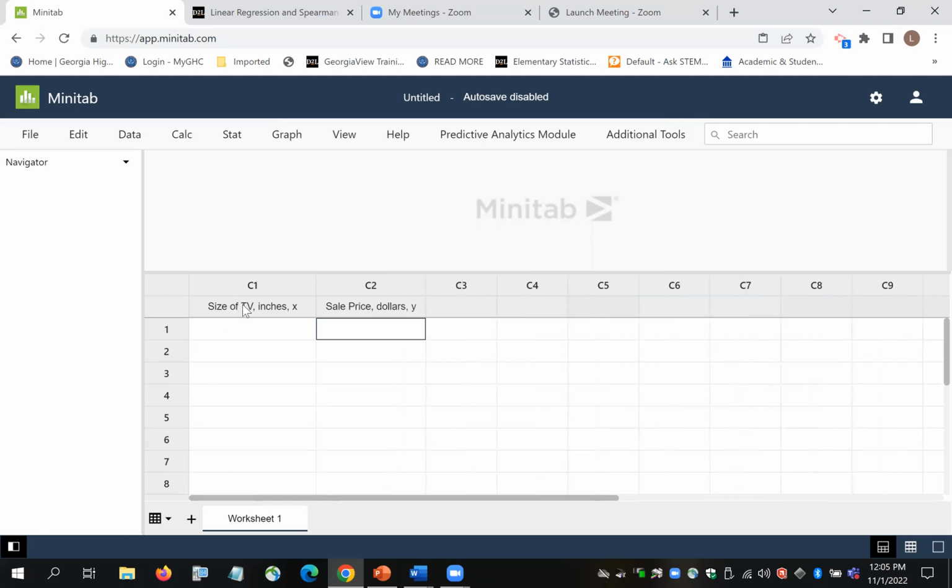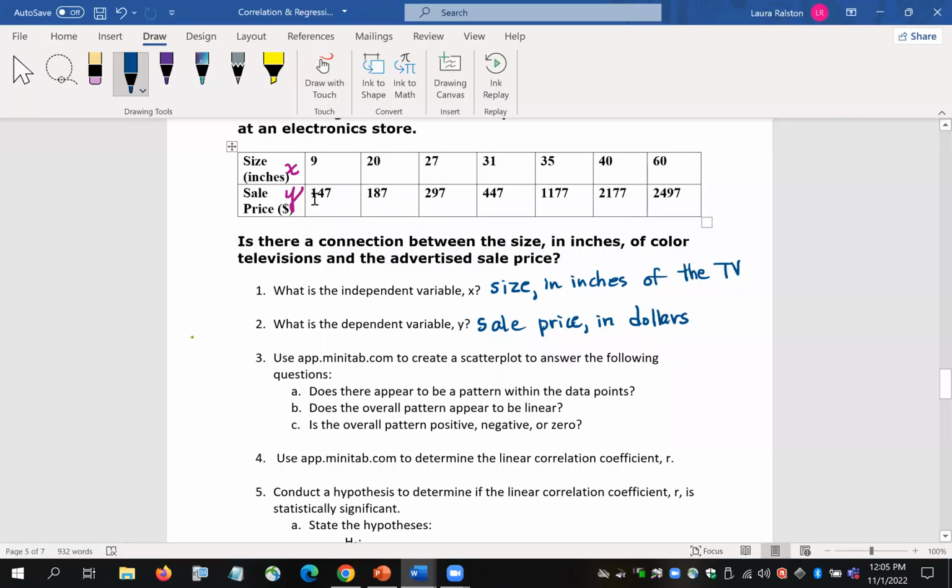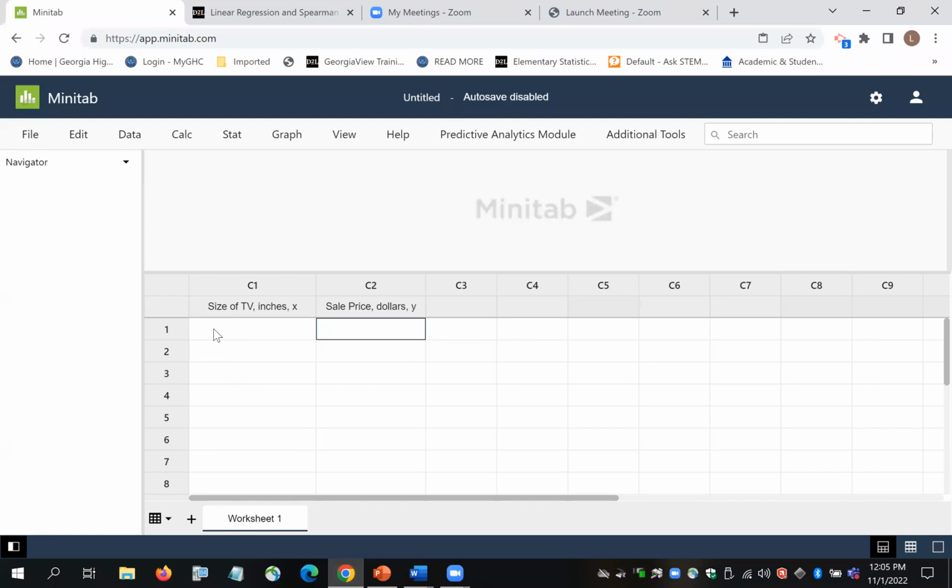So once I've decided which one is X and which one is Y, notice that I did label it on my table, and I've labeled it in Minitab. Again, that just helps me to keep it straight. You have to keep the data paired as it's given to you.